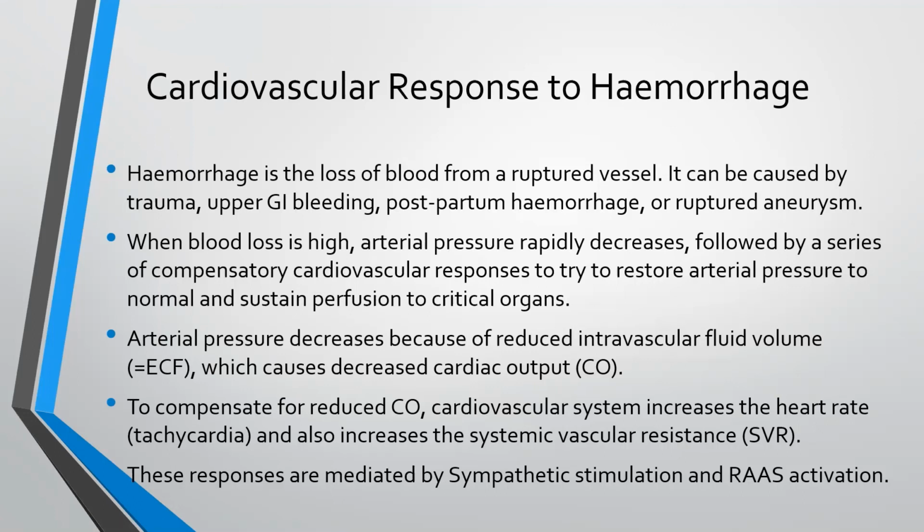To compensate for reduced cardiac output, the cardiovascular system increases the heart rate, which is called tachycardia, and also increases the systemic vascular resistance. These responses are mediated by the sympathetic stimulation and the RAS activation. RAS stands for renin-angiotensin-aldosterone system.